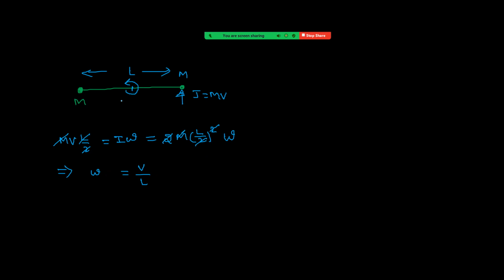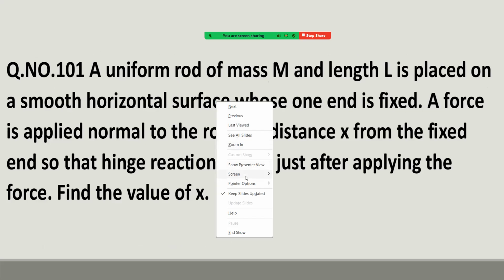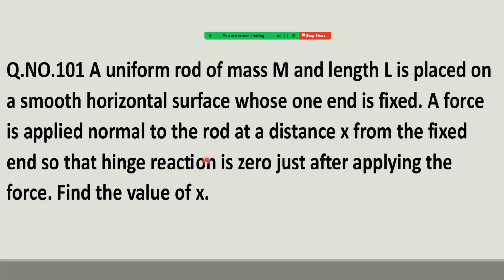Let us see next problem. See the question given. A uniform rod of mass m and length L is placed on a smooth horizontal surface whose one end is fixed.